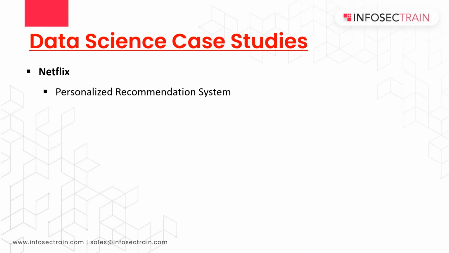Then you can see content development using data analytics. Netflix uses data science to analyze the behavior and patterns of its users, as I told you, to recognize themes and categories that the masses prefer to watch, right? This data is used to produce shows like The Umbrella Academy, and we can also say Orange Is the New Black.